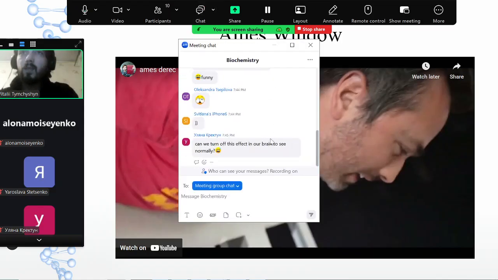Can we turn off this effect to see normally? I'm not sure. I guess this is one of the effects that you see even while being aware of it. So I don't think that you can do it.